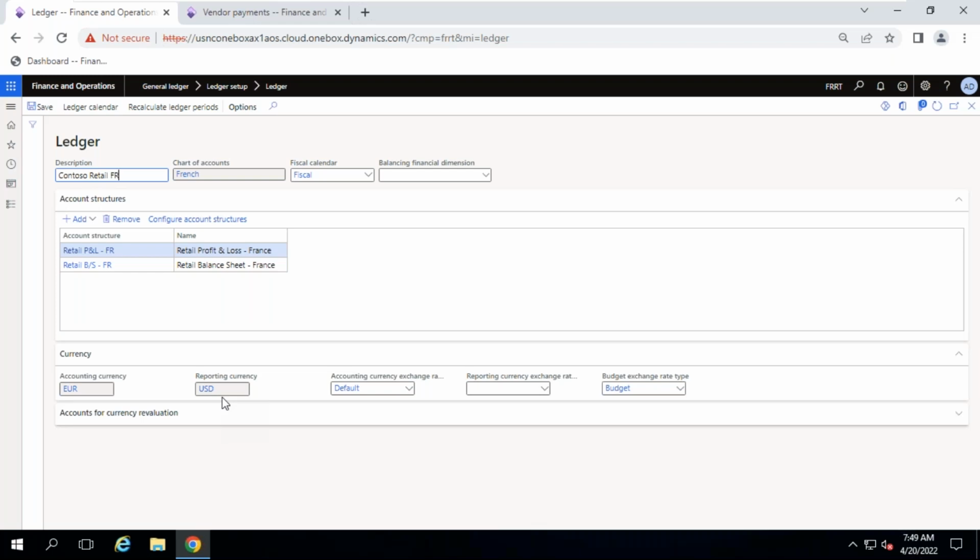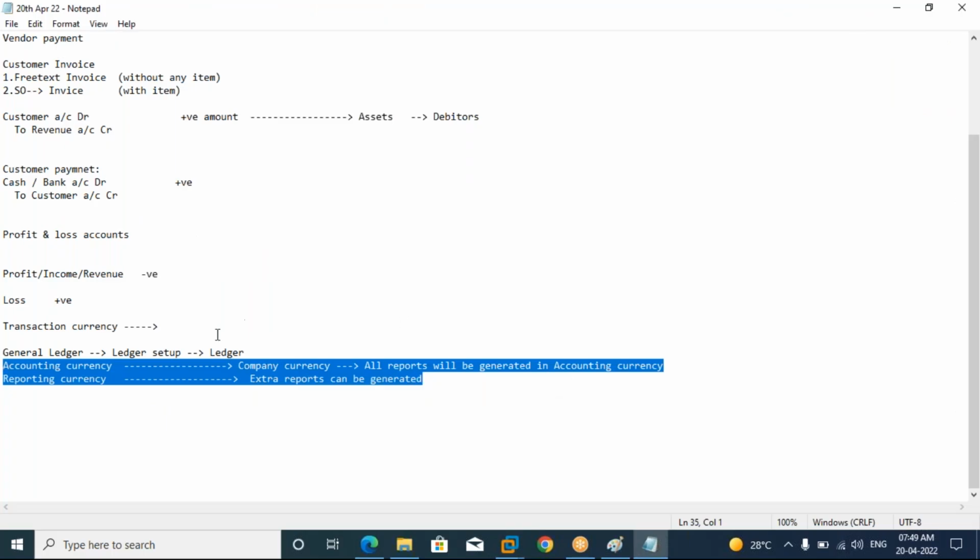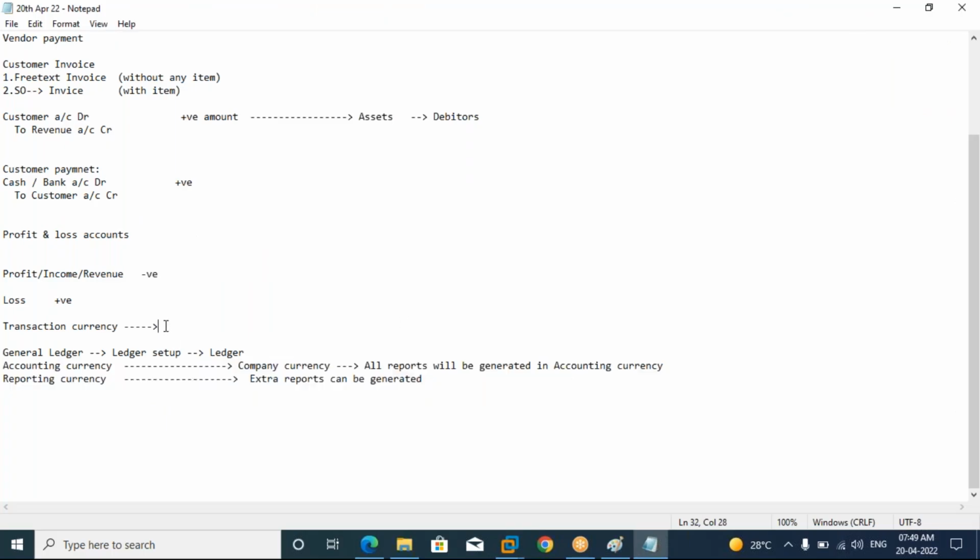So transaction currency is not a one-time setup, right? Right. Transaction currency is not a one-time setup. Transaction currency will keep on changing whenever you are doing a transaction. You cannot fix it, because if I'm exporting to Dubai, AED. If I'm exporting to USA, it is US dollars.